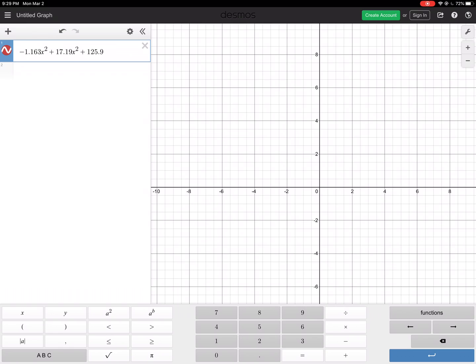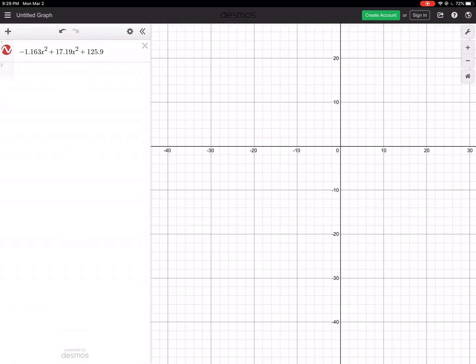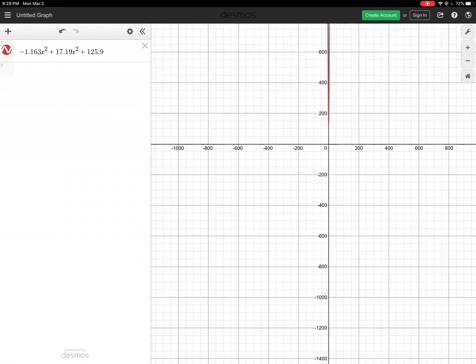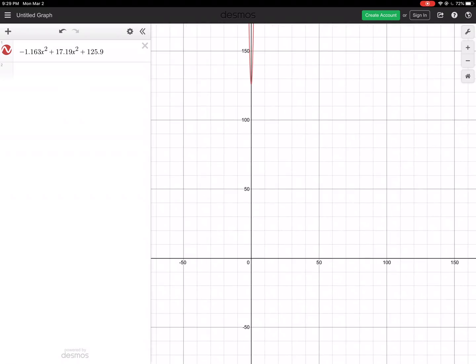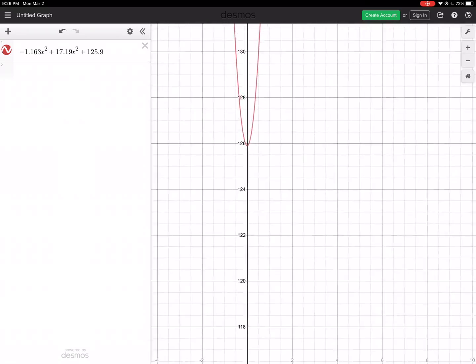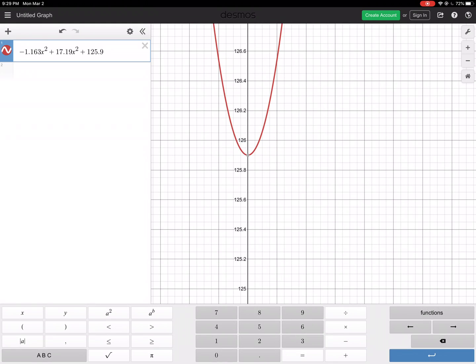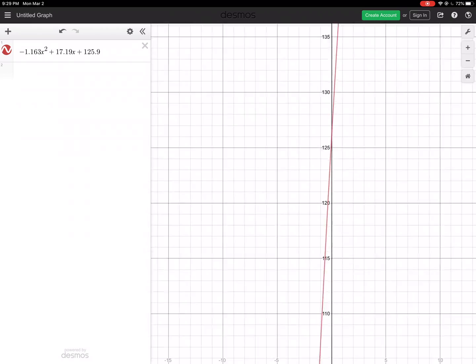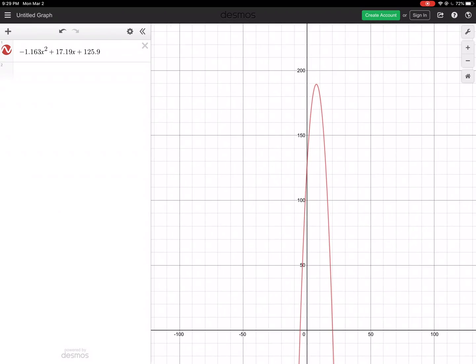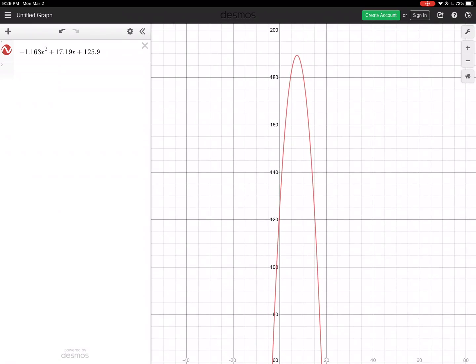Now the only difference between what I put here and what I put on Desmos, or what I had on my paper, was that on my paper it said that I was dealing with t values, but I changed that to x because it makes it easier to graph in Desmos. And then if you accidentally have a squared like I did, you can take that away and you'll see this frowny face parabola shape, just like what we're working with.